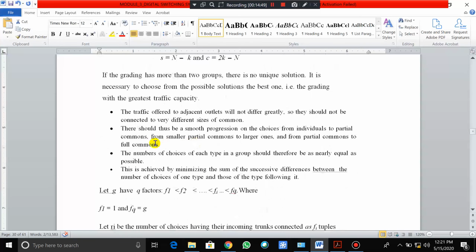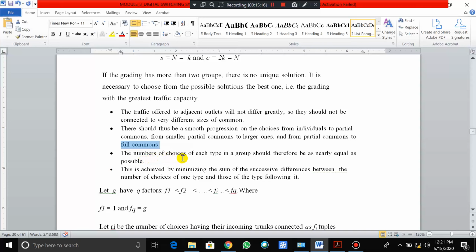The traffic offered to adjacent outlets will not differ greatly, so they should not be connected to very different sizes of commons, and there should thus be a smooth progression in the choice from individual to partial commons, from small partial commons to larger ones, and from partial commons to full commons.